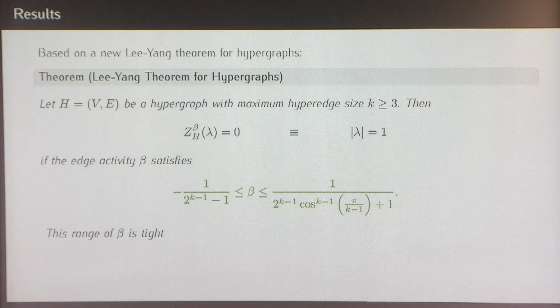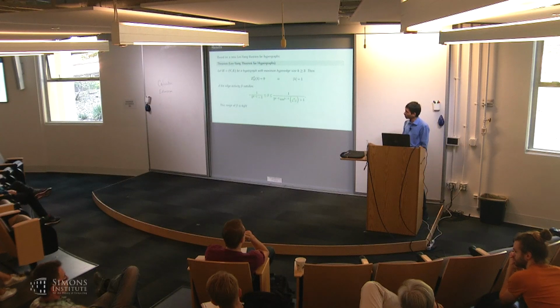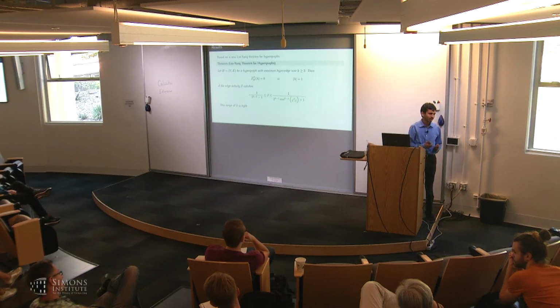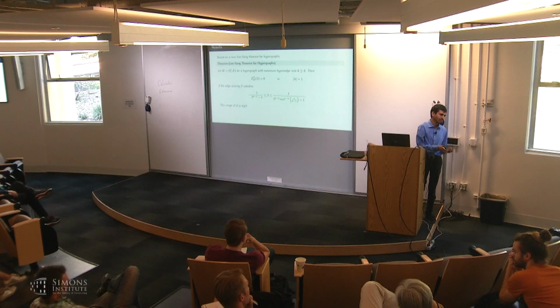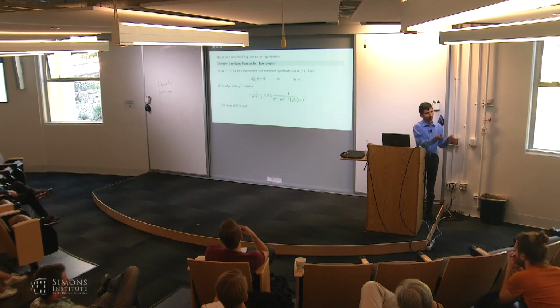Can you maybe clarify what you mean by beyond decay of correlations? In the sense that I take a graph of degree d, and even if my beta and lambda are such that I can find a graph of degree d where there's no decay of correlations. For example, I can take a bipartite graph of degree d which is an expander and has no decay of correlations, or rather a family of such graphs.